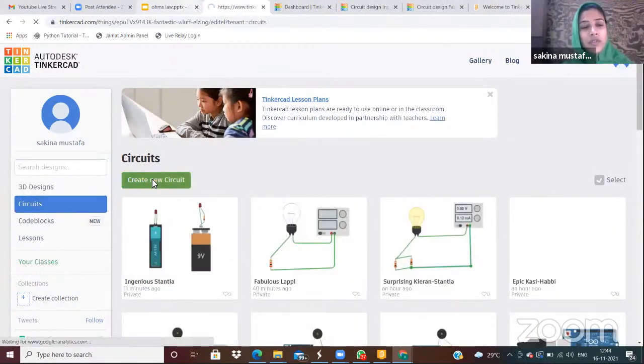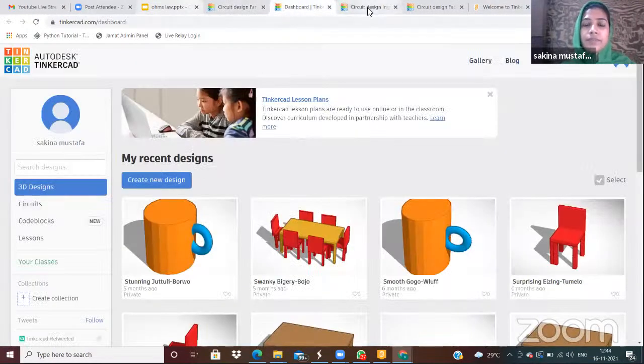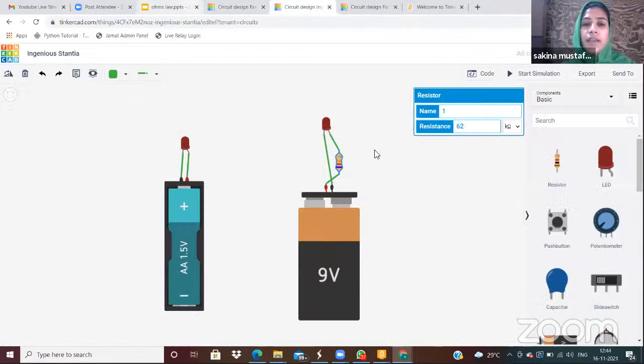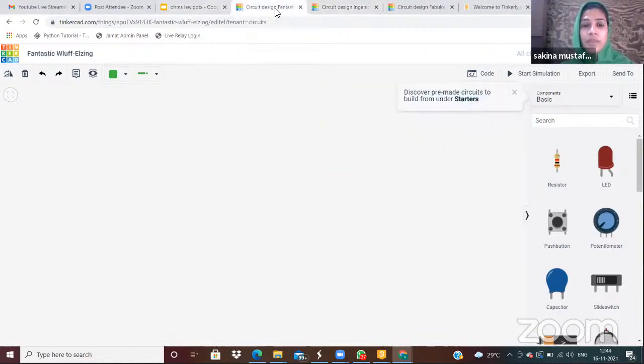Let me click on create new circuits. So we just understood the concept of the circuit, and what is the use of the resistor, how the resistor values are changing. Now we will understand with the help of Ohm's law.